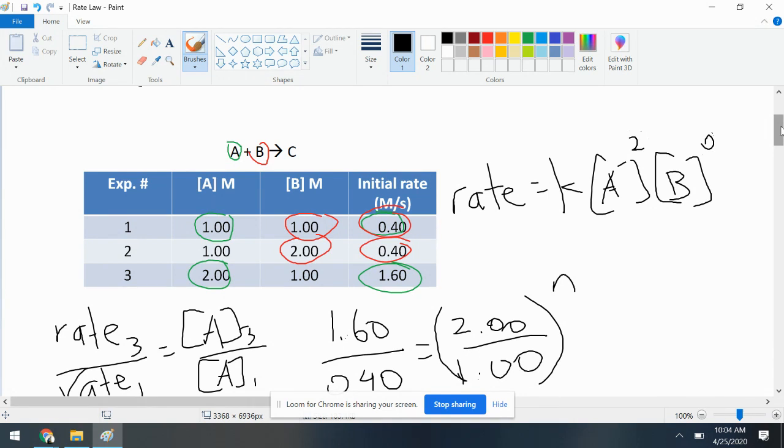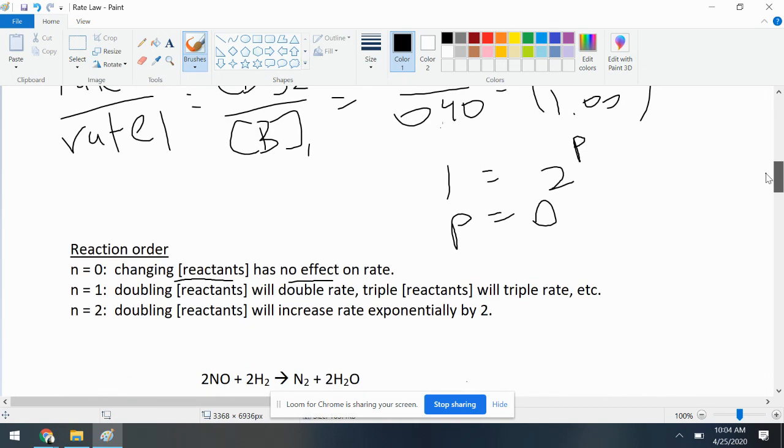So whenever you have the reaction order 0, that means by changing that concentration, the rate doesn't change at all. Now if n is 1, if the reaction order is 1, that means by doubling the concentration of the reactants, you double the rate. So if you triple the concentration of the reactants, that means you'll triple the rate, etc.